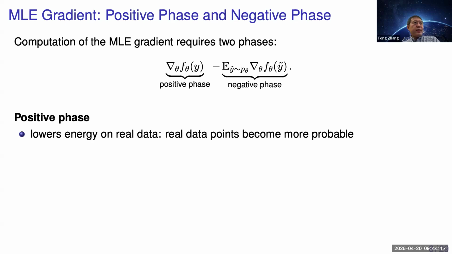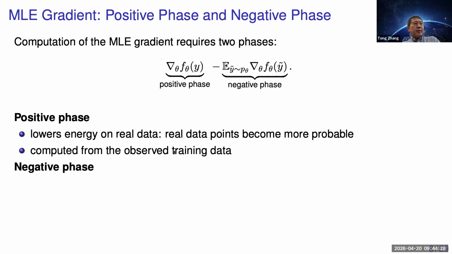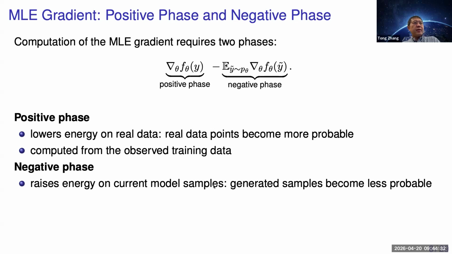So basically positive phase, lower energy on the real data, right? Real data becomes more probable. And you can compute it from observed training data. So that's easy. Negative phase, the main thing is raise energy on the current model. Essentially, it's pulling away from the current model, pulling towards the real model. If you think about this, it's something like a GAN, right?